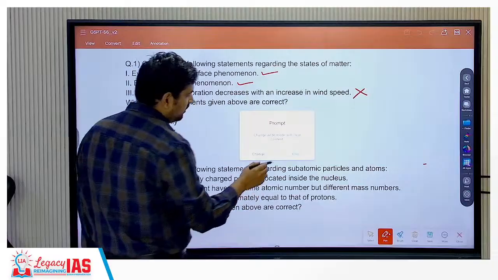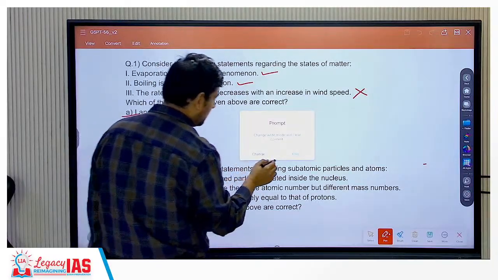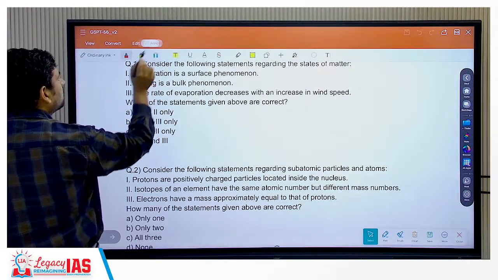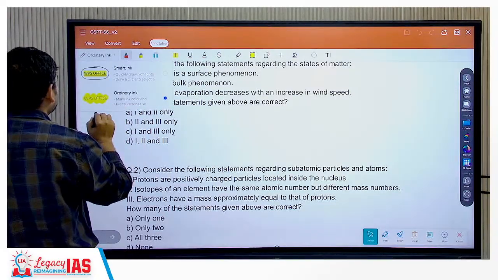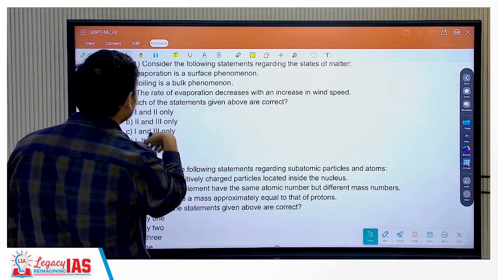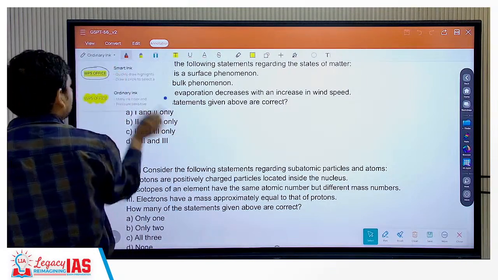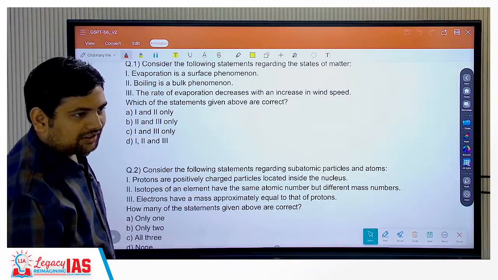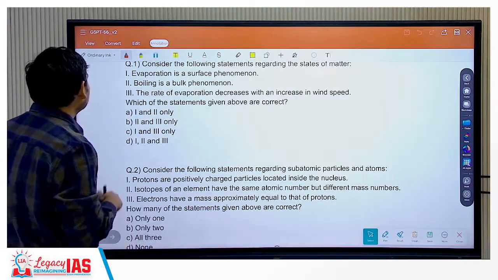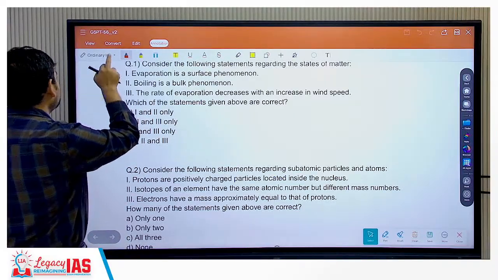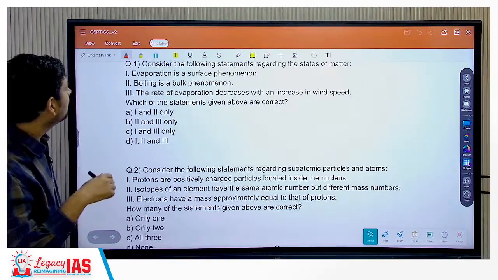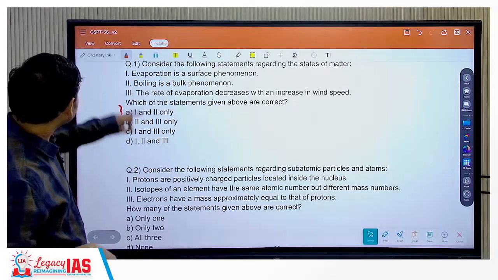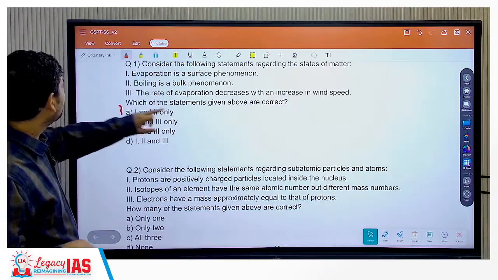Then... No. Wind speed more does not mean environment is slowed. Fine. Then how to press this?